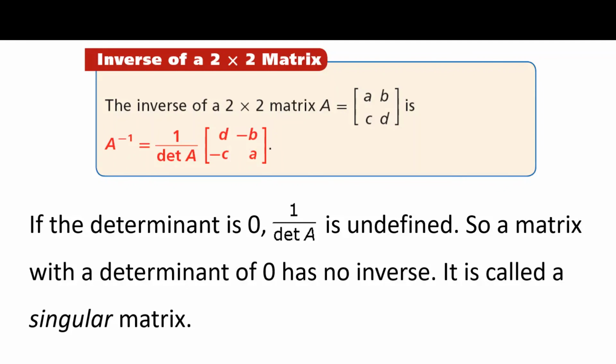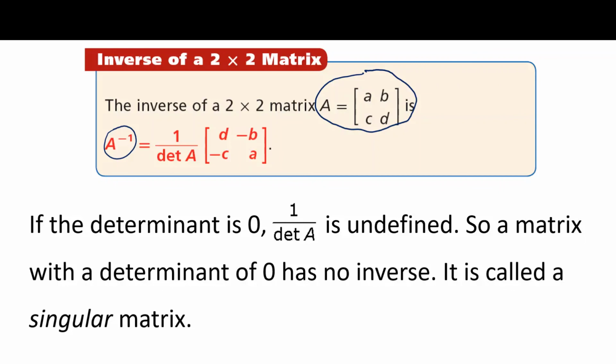And the formula for an inverse of a matrix is going to be this. We're going to take a matrix, let's just call it A, and it has the entries a, b, c, and d in it. Okay, so this A to the -1 tells us that we're looking for the inverse.